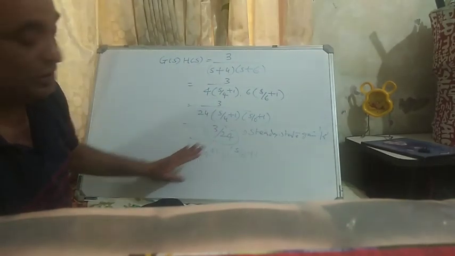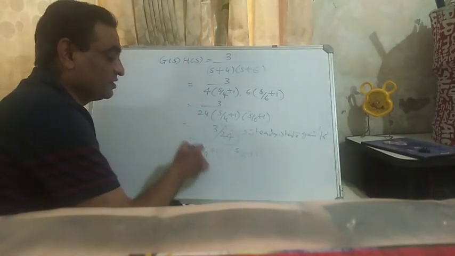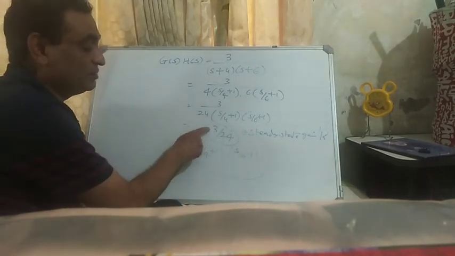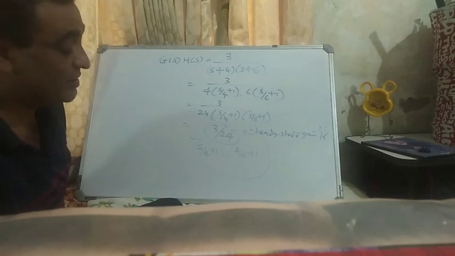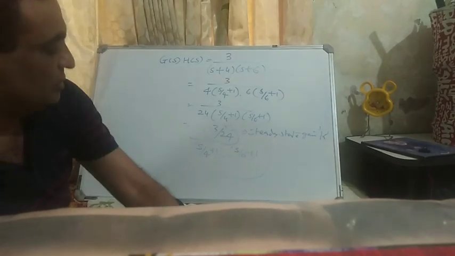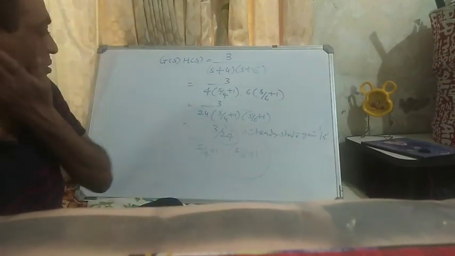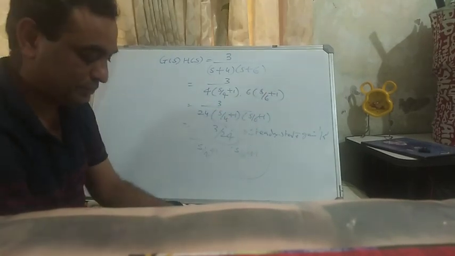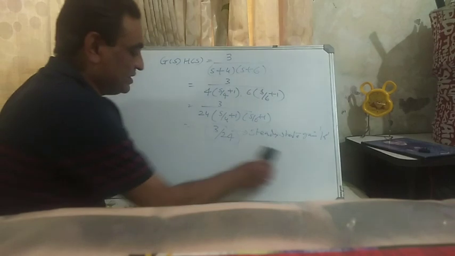So this is very important. Now this transfer function is written in the time constant form, where the term 3 by 24 is the steady state gain K. So finding this term, the gain K, is very important. Let us take one more example.